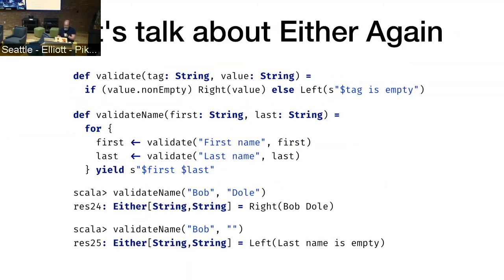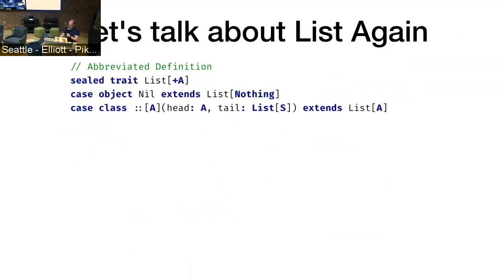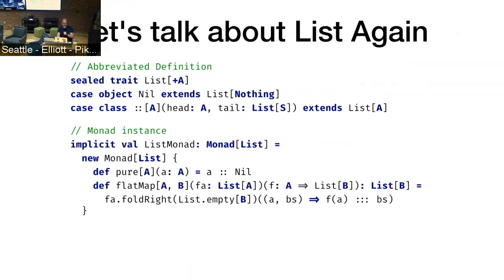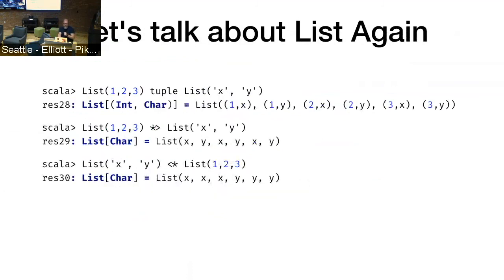All right, talk about list again. And I'm just going to speed through because I think we're running late. So let's talk about this tuple operator with list, which is interesting. Everybody's used list in a for comprehension. So let's see what this tuple operator does. It gives us the Cartesian product. It gives us every combination of answers. So this is kind of what we were talking about before.